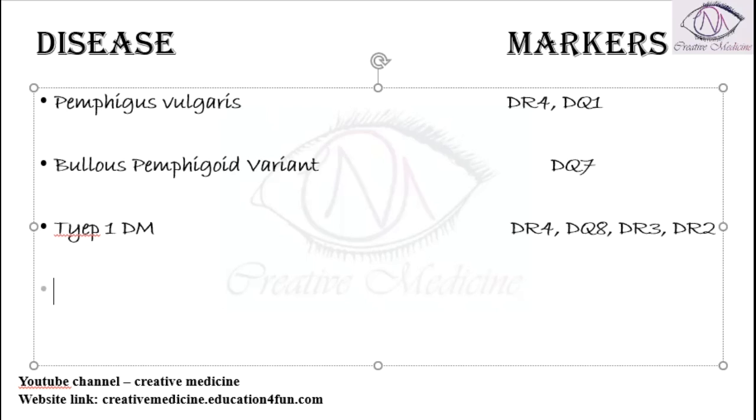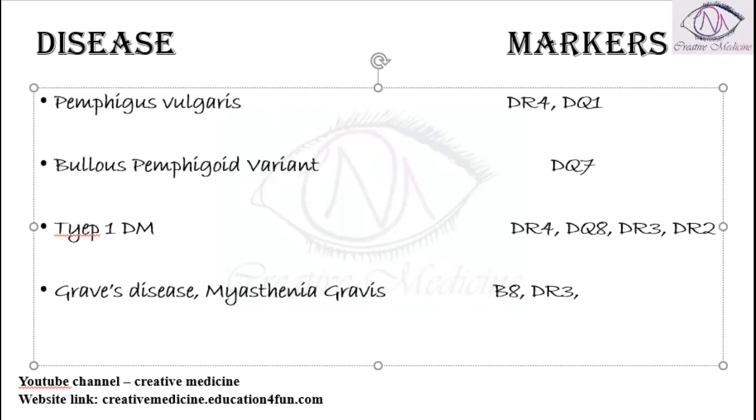Then Graves disease and also myasthenia gravis. The markers for Graves disease and myasthenia gravis are B8, DR3.